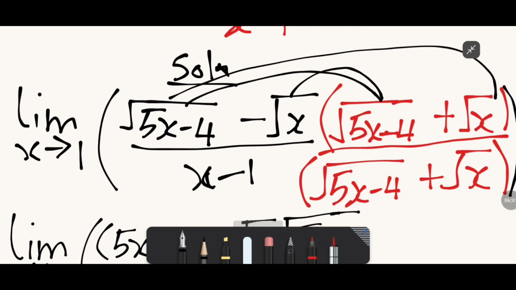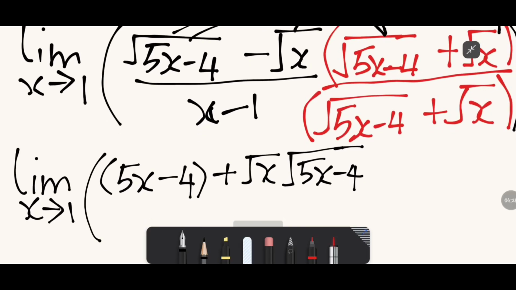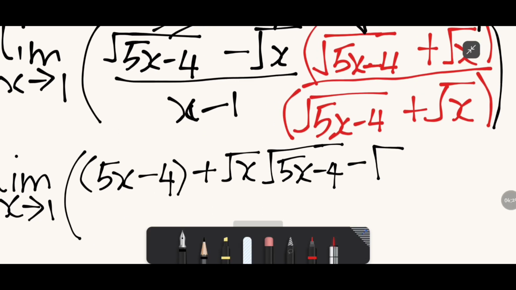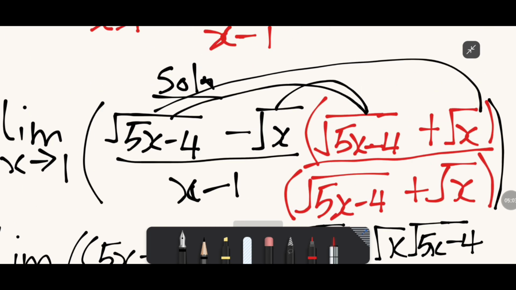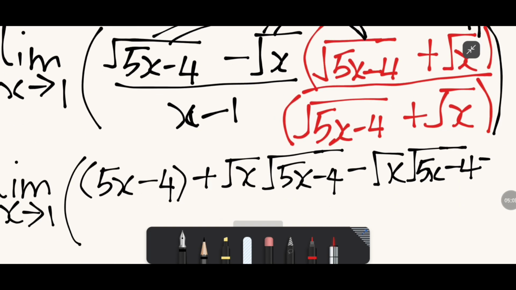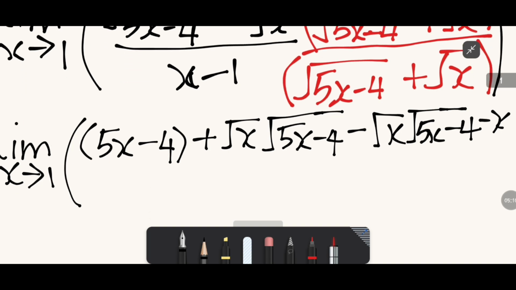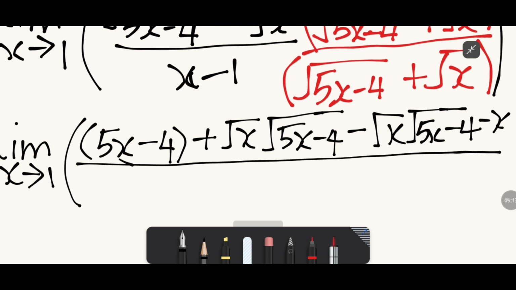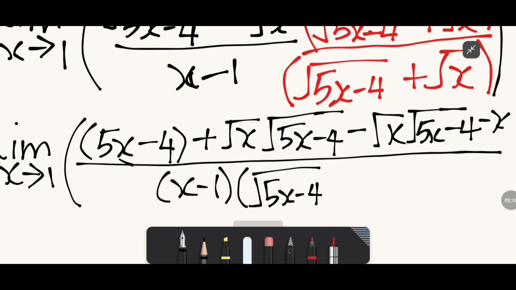When we multiply this and this, we'll be having minus square root of x times square root of 5x minus 4. Then minus square root of x times square root of x, we are going to be having minus x. So all over x minus 1 times square root of 5x minus 4 plus square root of x.